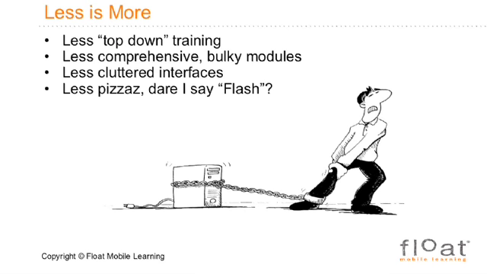In fact, I've heard instances of people working at a store location who find out they are awesome trainers, and they grab those people and bring them up, and they're doing instructor-led instead of being an assistant manager of a store, because they found a great trainer to come out of all of it. So less top-down, less comprehensive, bulky modules.